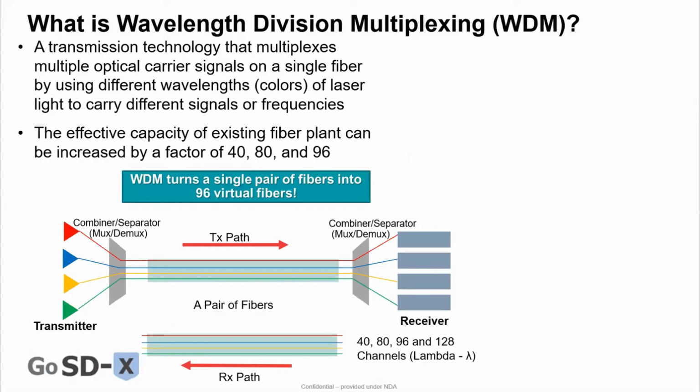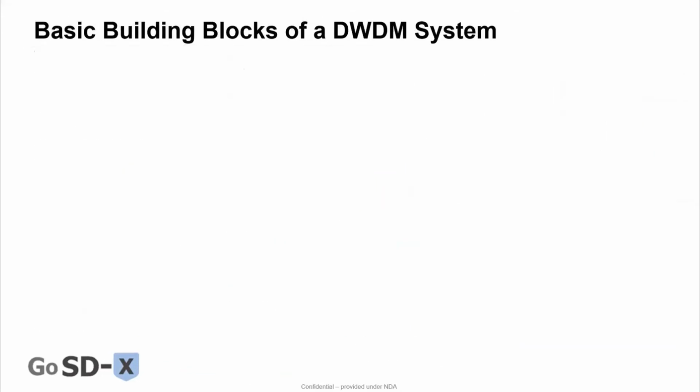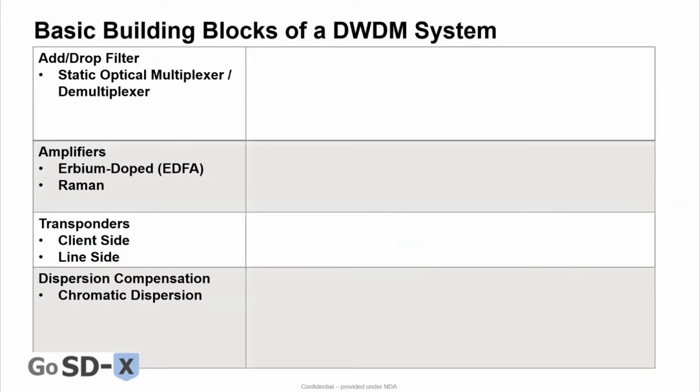For optical spectrum, we are using mainly C-band for WDM transmission, but sometimes L-band can be used as well. So the next slide here, I show the building blocks of a DWDM system.